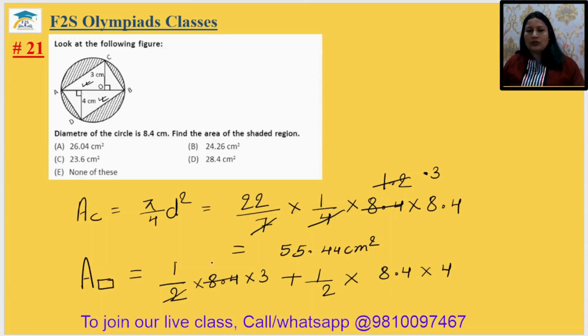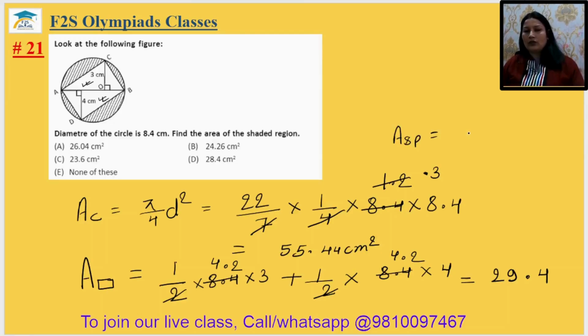So 4.2 multiply by 3 plus 4.2 multiply by 4. After multiplying and adding, you will get 29.4. So what will be the area of the shaded part?